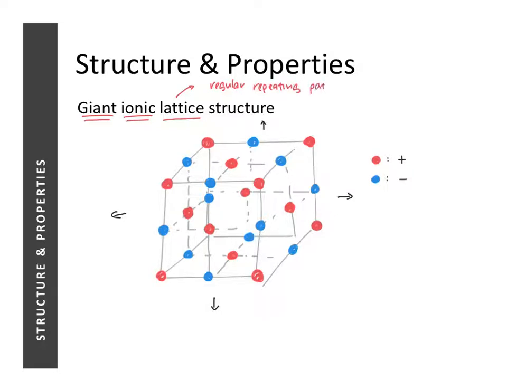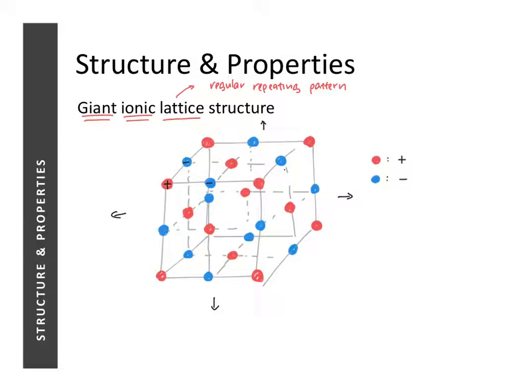If you look at the structure that is drawn, I hope you can see that there's actually a pattern. What is the pattern? The pattern is that the ions are arranged in an alternate manner. A positive ion is paired with a negative ion, and so on and so forth.